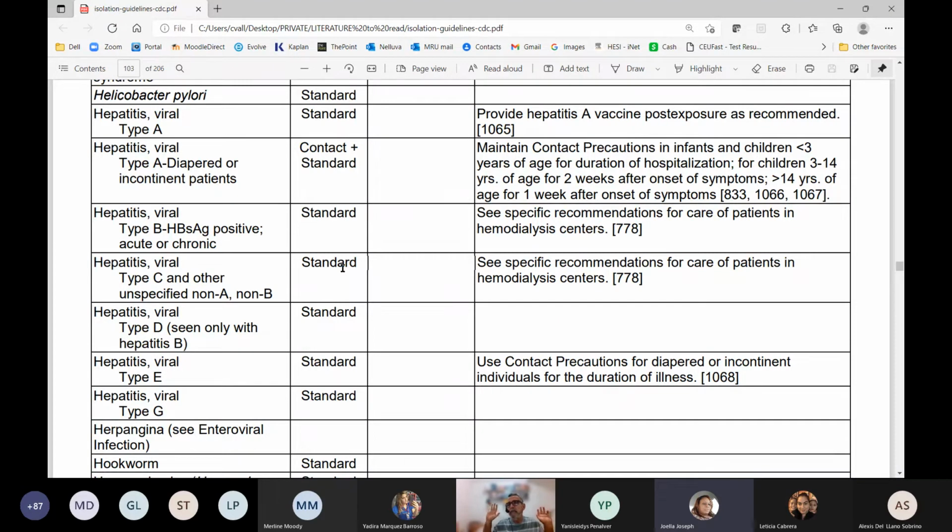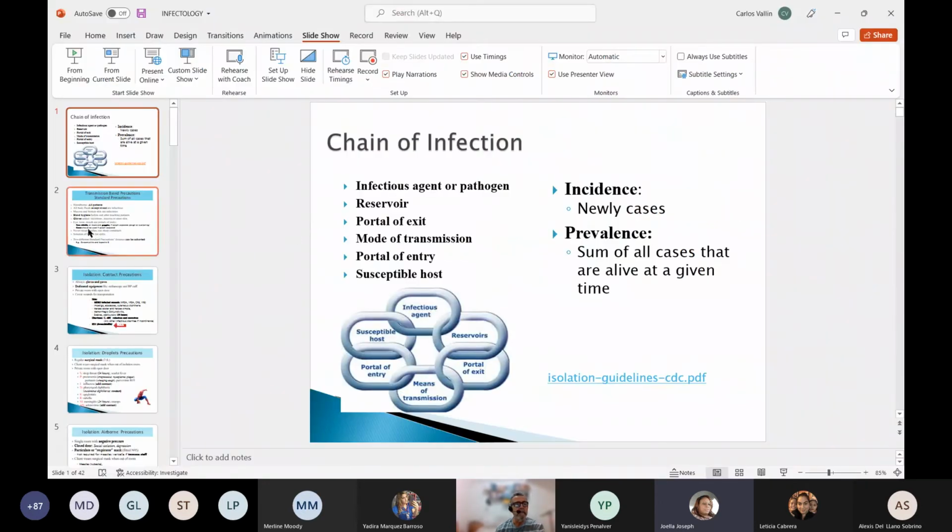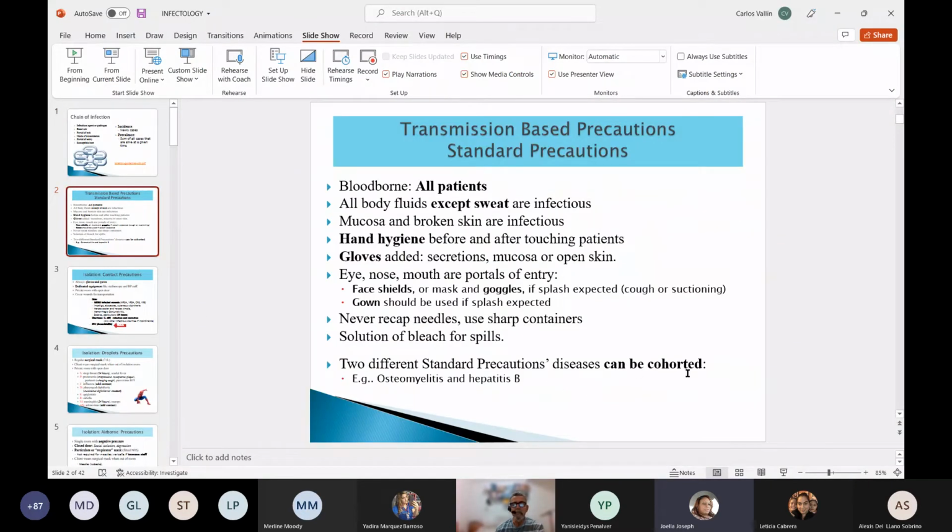And the only practical situation is RSV. You can have several RSV patients cohorted in the same room. So it's important that you understand my message: for cohorting, only standard precautions alone can be cohorted.